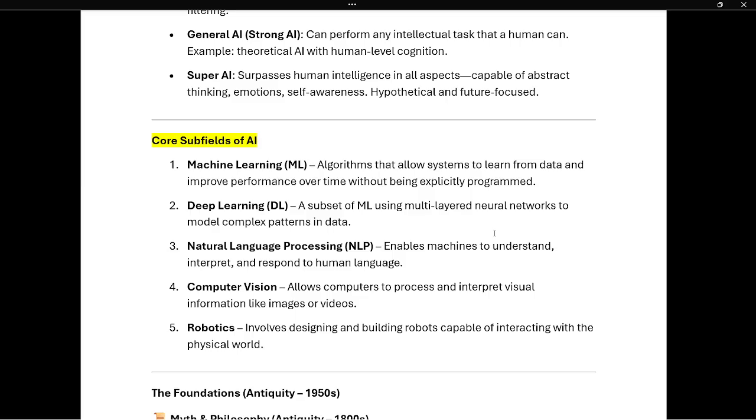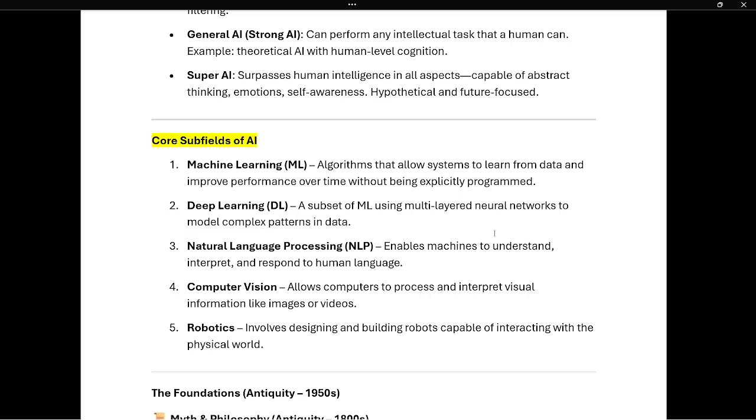Okay. So deep learning, what is deep learning? Deep learning is a subset of ML. Okay. So AI has a subset like ML, then ML has a subset like deep learning. So deep learning is a subset of ML using multi-layered neural networks. That neural network pattern is basically how human neurons in the brain work.